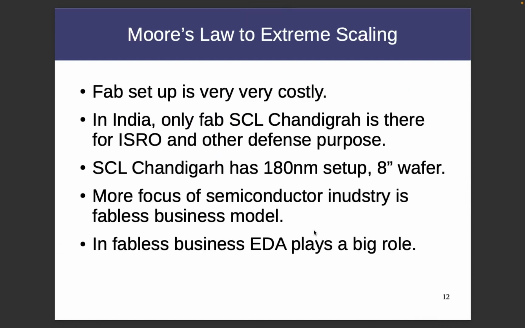In manufacturing challenges, setting up a fabrication facility is very costly. In India, we have only one experimental fab, SCL Chandigarh, which produces some chips for ISRO, and it uses a 180 nanometer setup, not the latest technology.